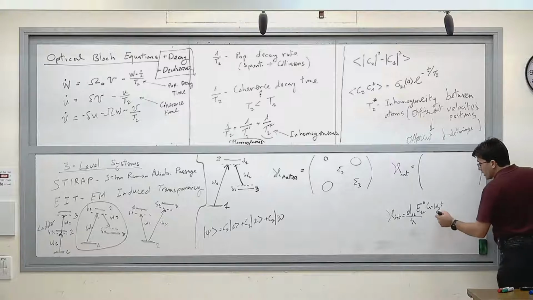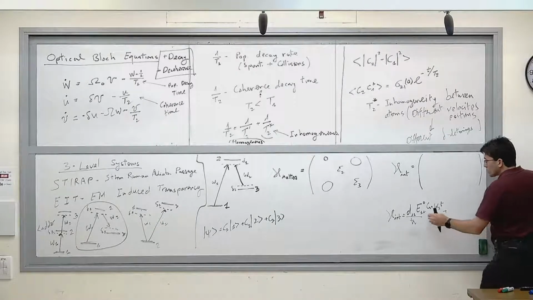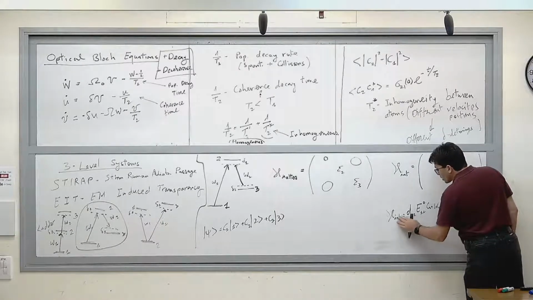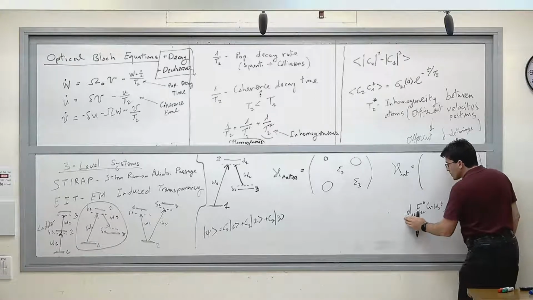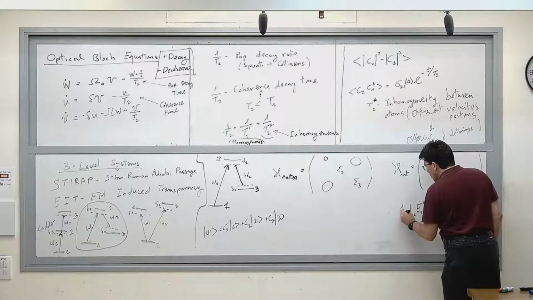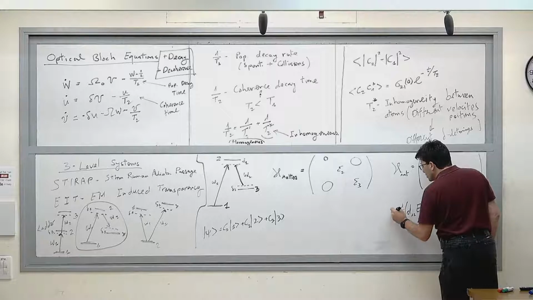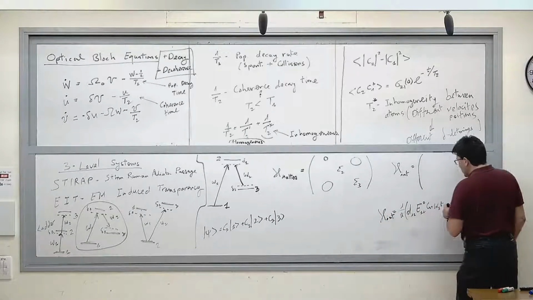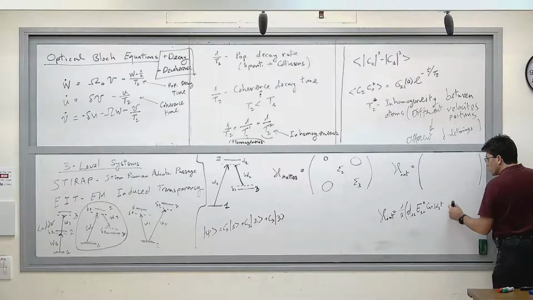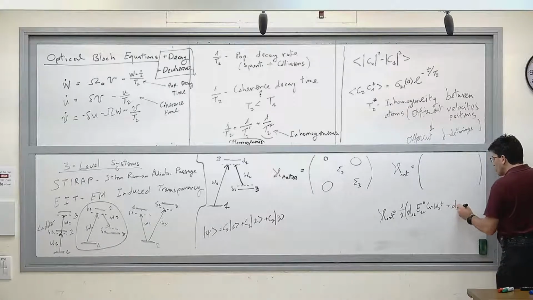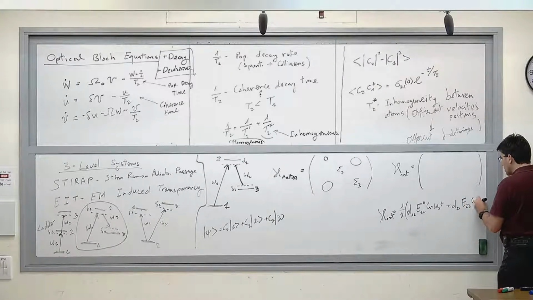And then there is this other one. So you know what, let's do it like this. We'll have 1 over h bar outside, and this is the interaction Hamiltonian. And there's another one, of course, which is D23 times E23 cosine omega 2t.